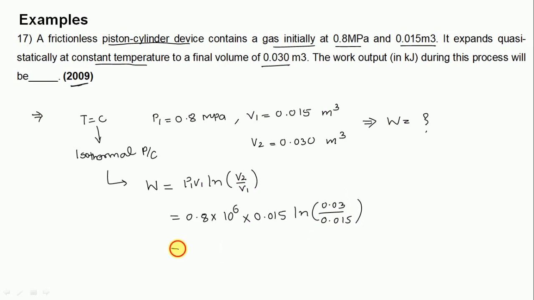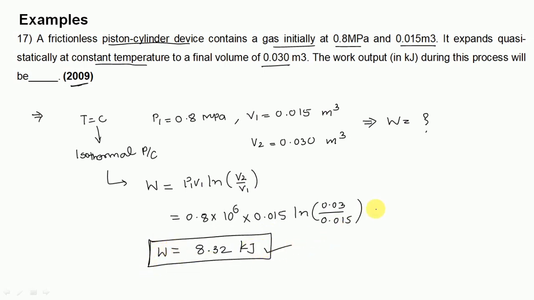So if you calculate the value, we find the value of W is 8.32 kilojoule. Okay, this is the work. From this equation we get the value in joule and divide by 1000 to get kilojoule.